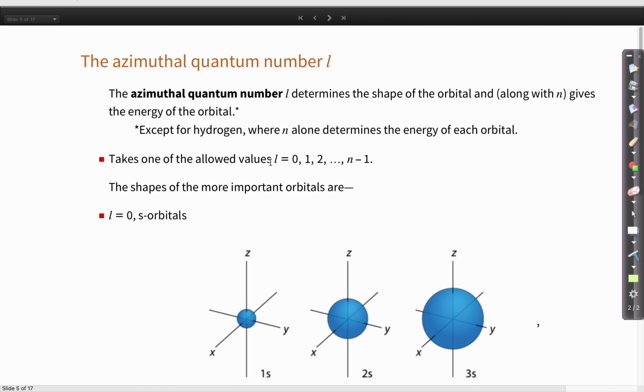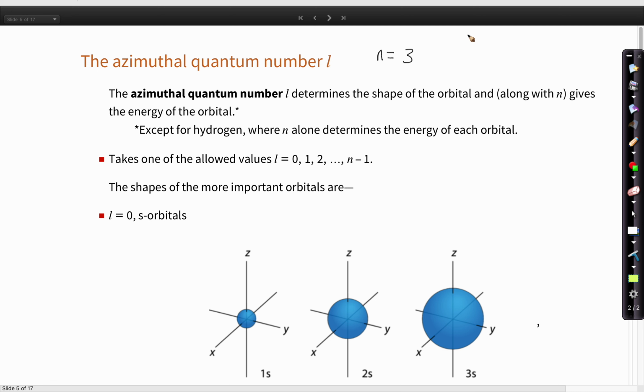What are the allowed values of L? Now, this one's a little tricky. Notice that the allowed values of L here are 0 up to n minus 1. What does that tell you? It tells you to know which are the allowed values of L, you have to pick an n first. So, for instance, we could pick an n, and I could say n equals 3.